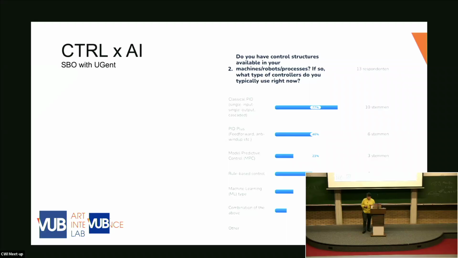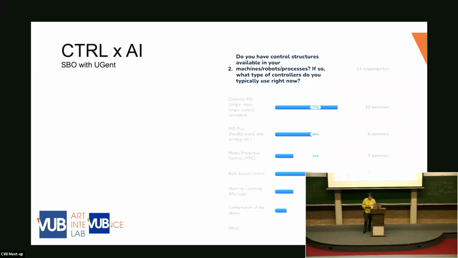You see that three quarters, or 77%, are still just using classical PID controllers. Only about half of them do a little bit more advanced things, like combining a PID controller with some other techniques. Only a quarter is using model predictive control.